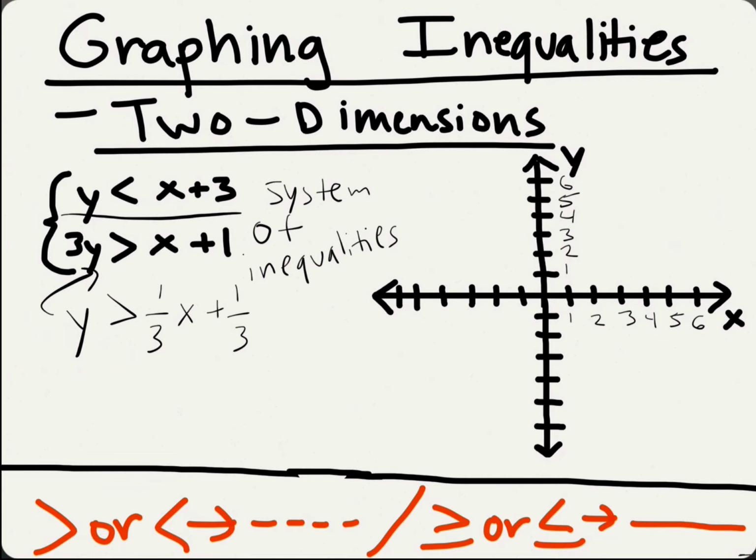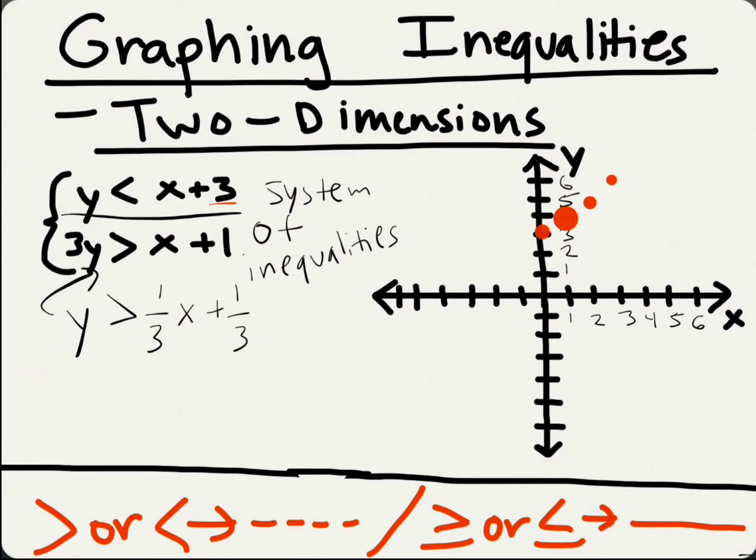The y-intercept here is 3, so we're going to come up there. And then the slope is 1, which is the same as 1 over 1, so rise 1, run 1. Then rise 1, run 1 again. Those are really big, but whatever.